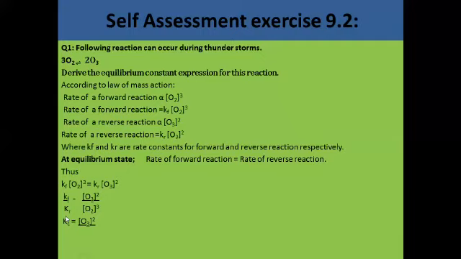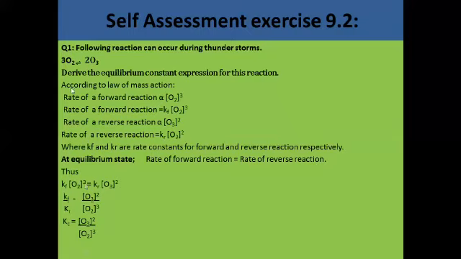So this is the equilibrium constant expression for the reversible reaction for the formation of ozone molecule. You can use this method and derive the equilibrium constant expression for any type of reversible reaction.